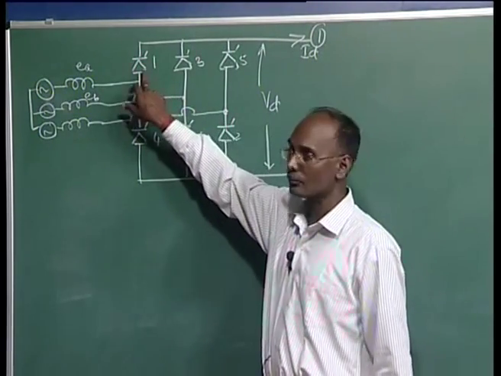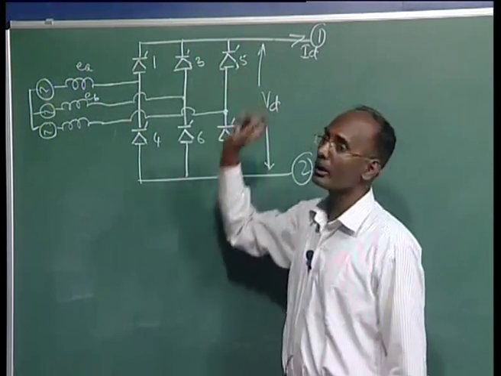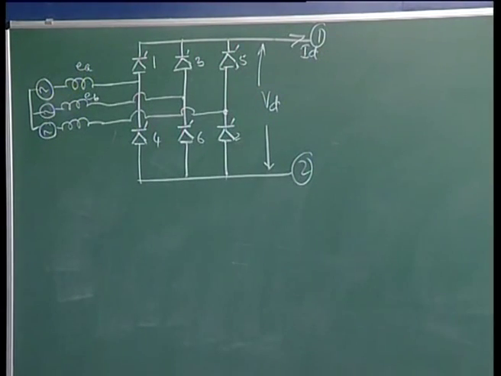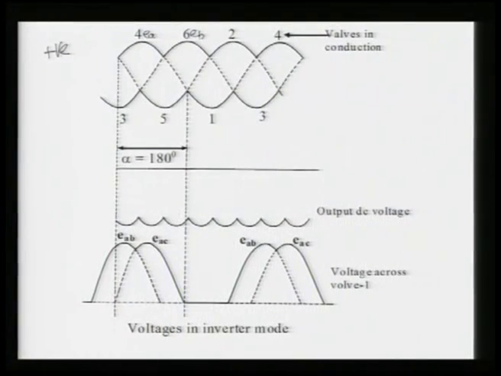Similarly here, 1 is conducting, then EA, 3 is conducting, then EB will appear, and so on. So, if valve numbers are given, you can write the phase voltages appearing on the upper as well as the lower limbs. Here 6 is EB, 2 is EC. Similarly, 1 is EA, 3 is EB and 5 is EC.